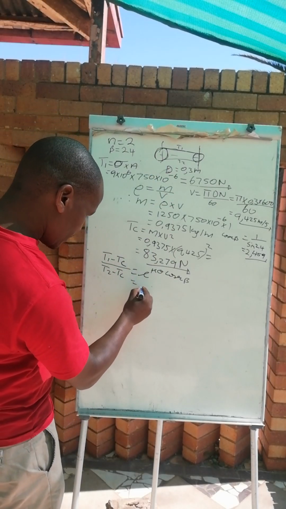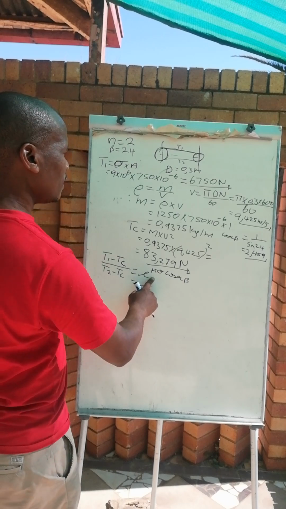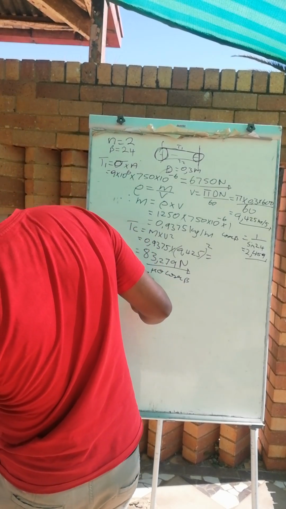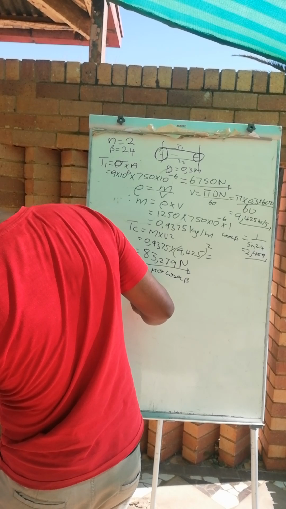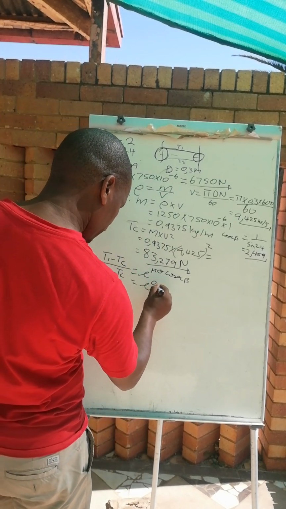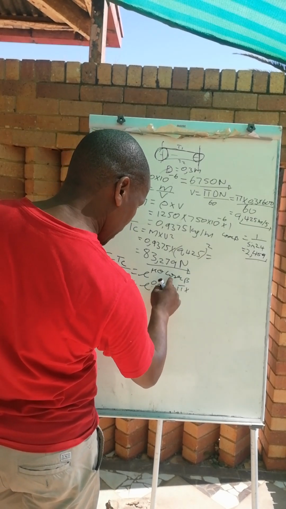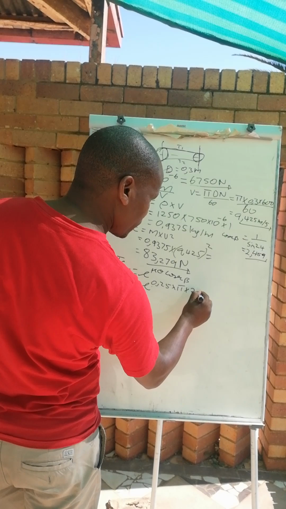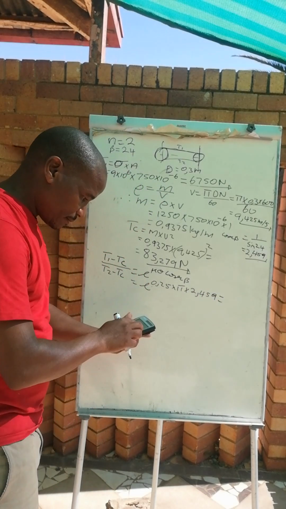So this is what? The coefficient of friction is given. Is it given? Yes, it's given as 0,25. So 0,25 multiplied by pi multiplied by what was calculated and found to be 2,459 is equal to what?